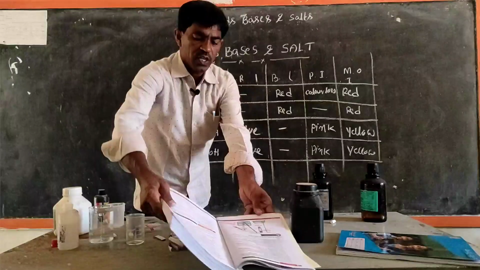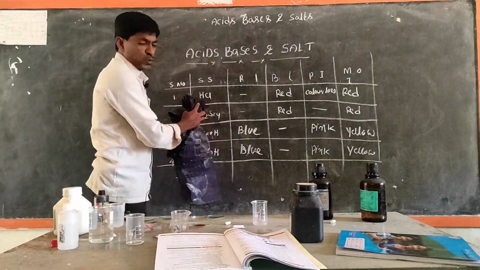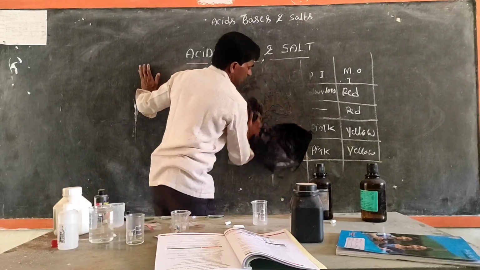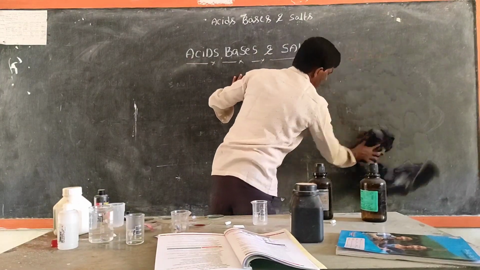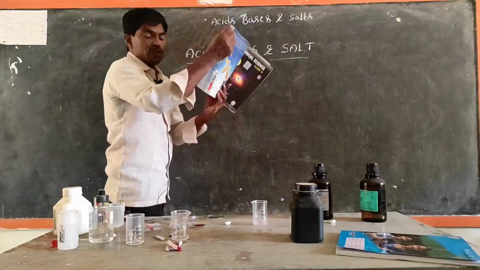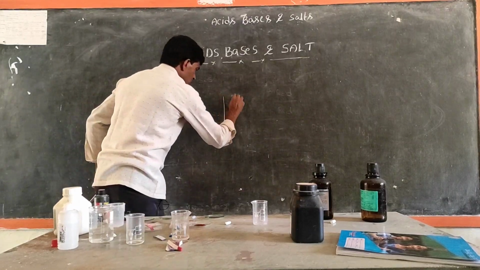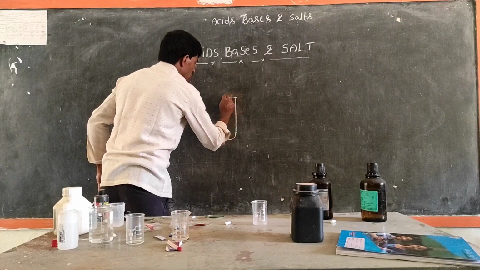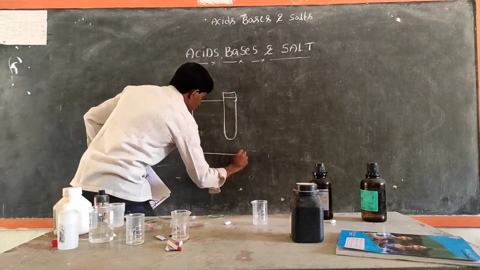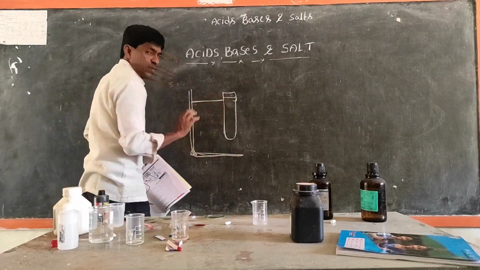Okay, next topic, reaction of acids with metals. Draw a rough diagram. See page number 22. That is the test tube. That is a retort stand. That is the rough diagram, not an exact clear diagram.